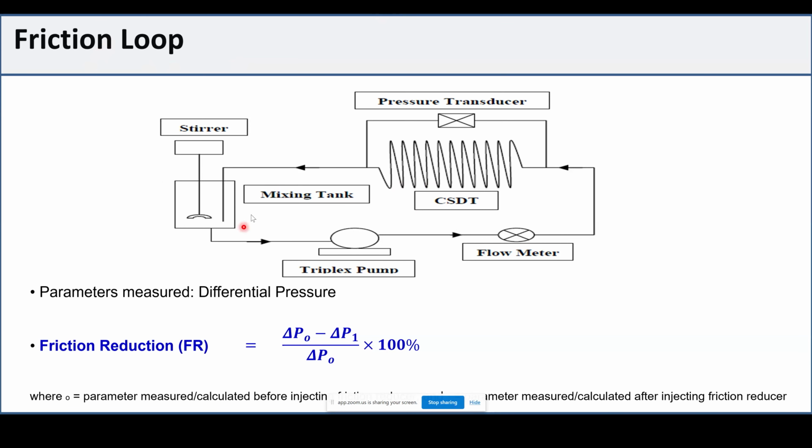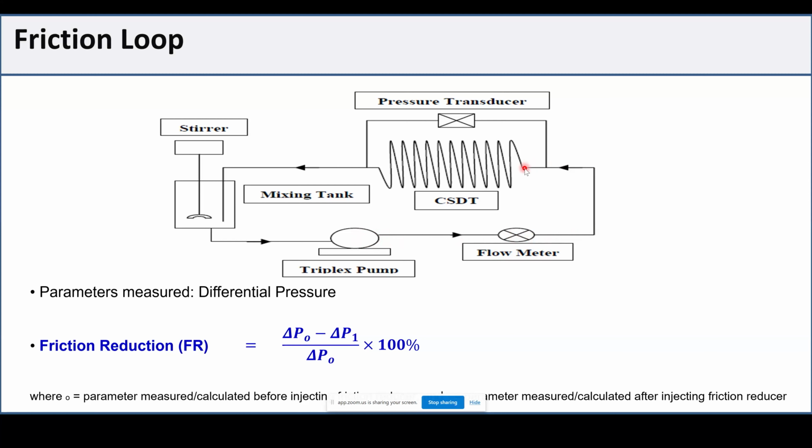This is like a schematic of the test, how it looks. You start with the reservoir where you have the water at the beginning, and at the bottom of the reservoir tank, there is a suction pipe that will go to some sort of a pump, and the pump will pump the water at a certain rate, and you'll have a flow meter to measure this rate. And pretty sure during the test, the flow rate is constant. Then it will pass through either a coil tube or a straight long pipe, depending on the type of equipment that you are using.